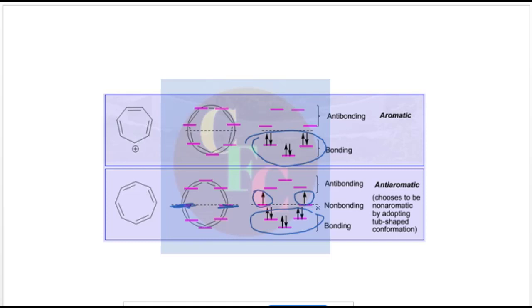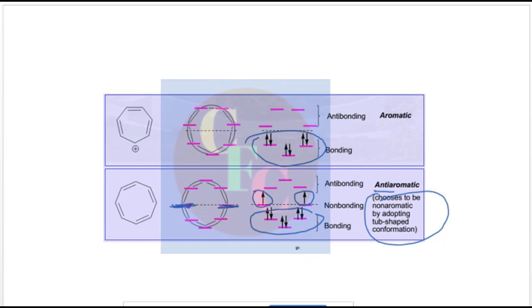Again this becomes very unstable, and it actually chooses to be non-aromatic rather than this anti-aromatic compound. It is anti-aromatic but it does not remain in this planar cyclic form. It chooses to be a non-aromatic system, becoming a tub shaped conformation rather than becoming anti-aromatic and unstable.